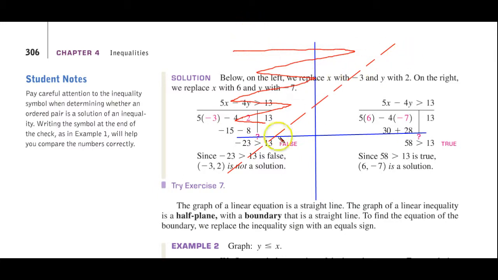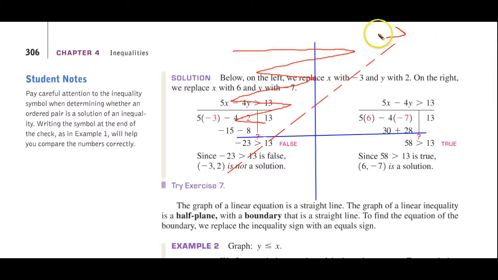Now notice this line creates a border, which we refer to as a half plane boundary, that divides your plane into two parts. All of these in this region, any ordered pair, and there's an infinite number, are solutions, but none along this dotted line are solutions, because this would be only a greater than.